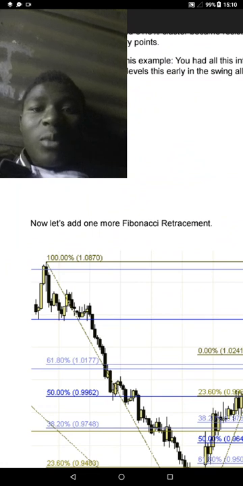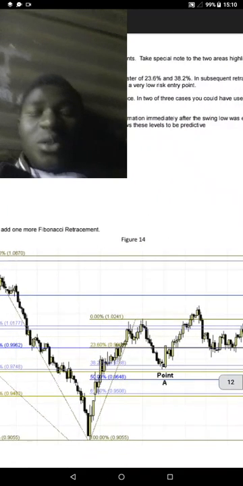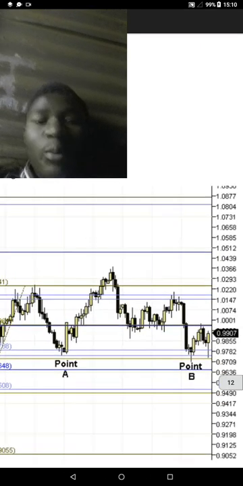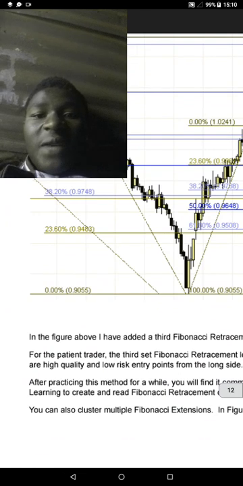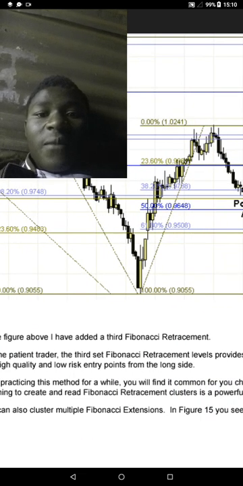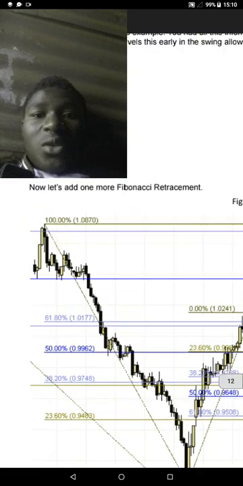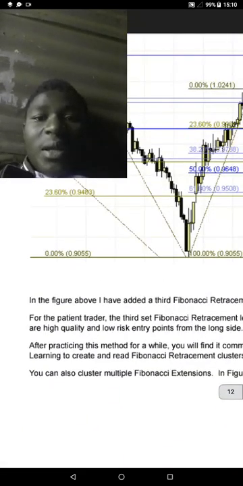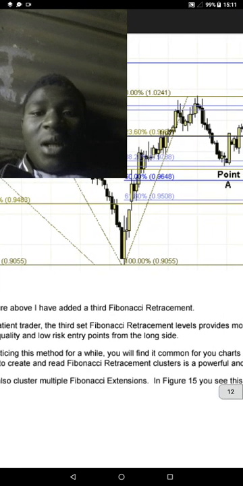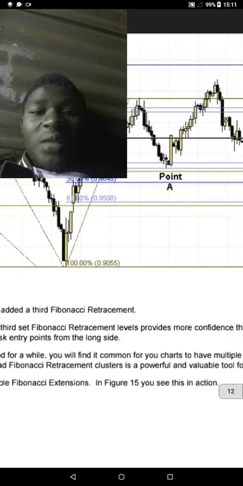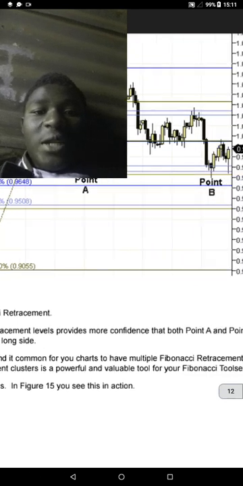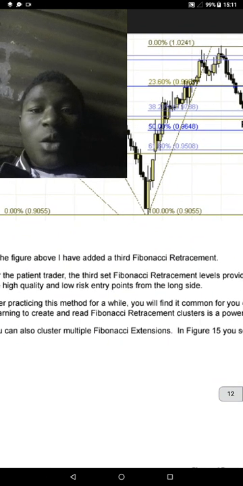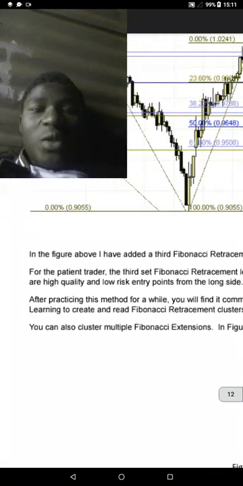And now let's add one more Fibonacci retracement, guys. This is point A and point B. In the figure above, I have added a third Fibonacci retracement. For the patient trader, the third Fibonacci retracement level provides more confidence, and both point A and point B are high quality, low risk entry points from the long side.